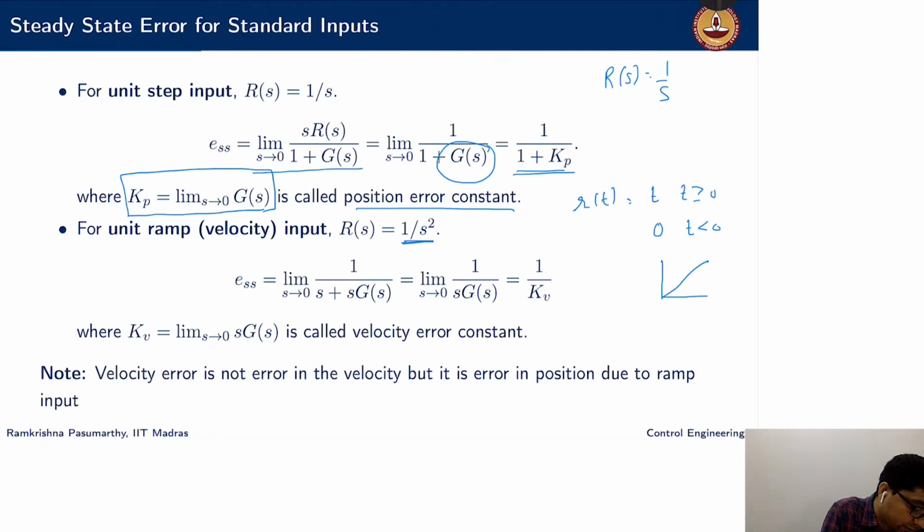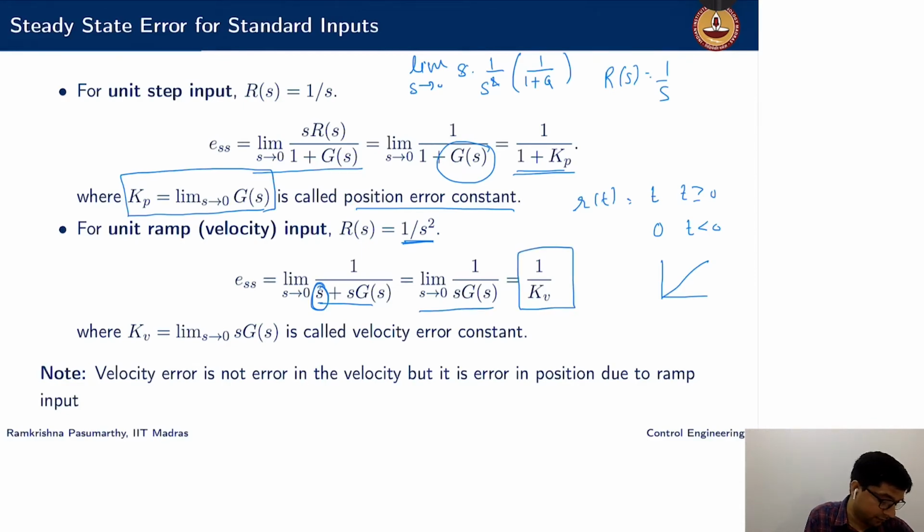So I have limit s going to 0. I have s here, I have 1 over s square and 1 over 1 plus G. So one s goes away. What remains is the other s. This as s goes to 0 will go to 0, and what I'm left with is just this one.